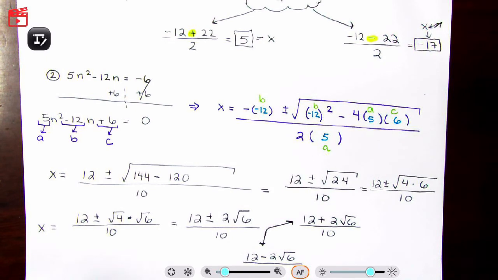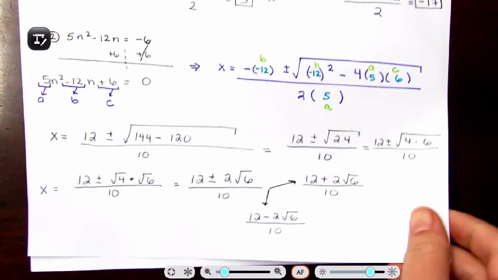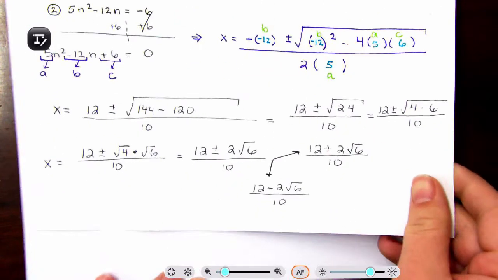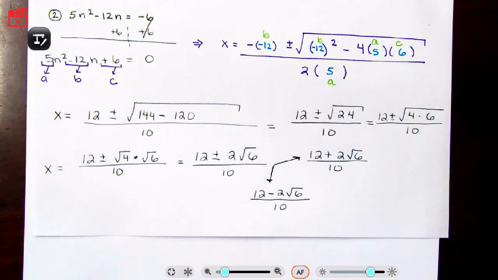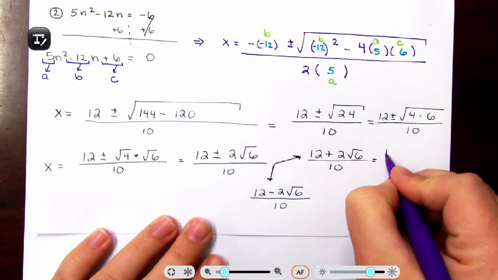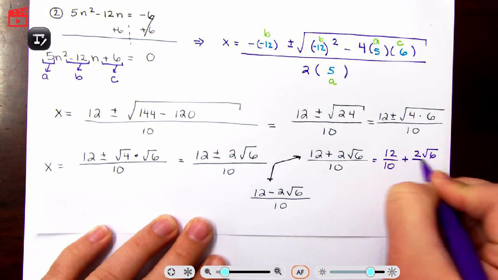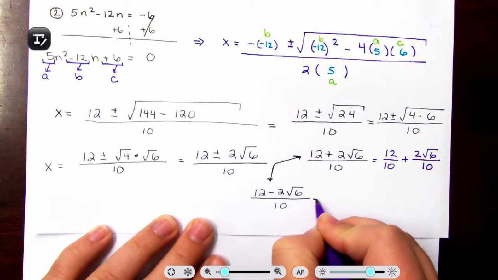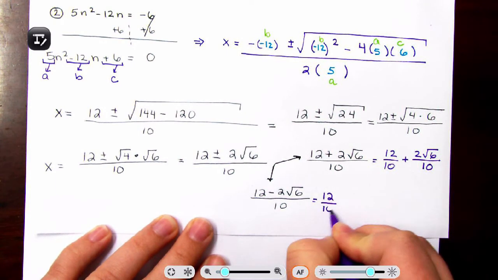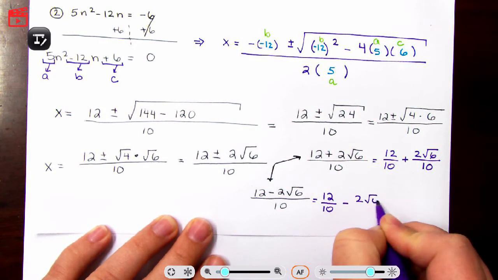Sometimes when you're dealing with icky numbers like this, you're going to see the denominator being divided by every single term. What I mean by that is 12 divided by 10 plus 2 root 6 divided by 10. Here, same thing, 12 divided by 10 minus 2 root 6 divided by 10.